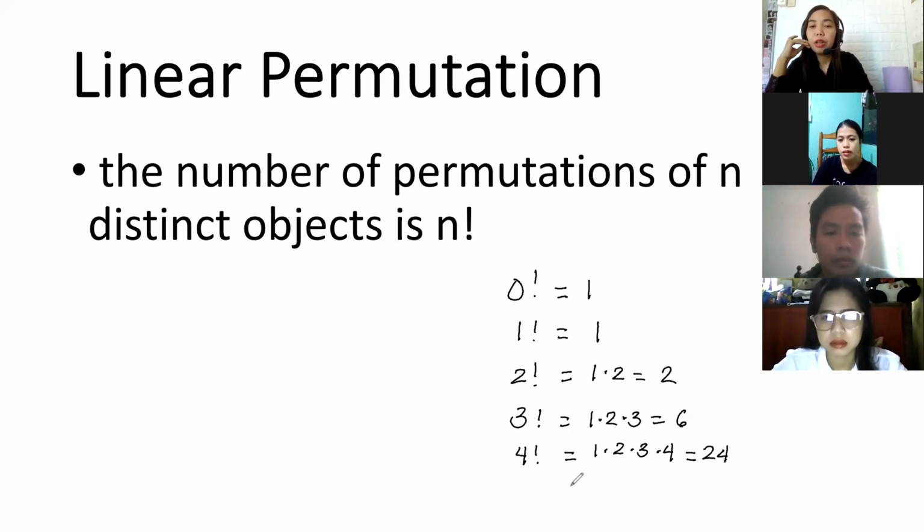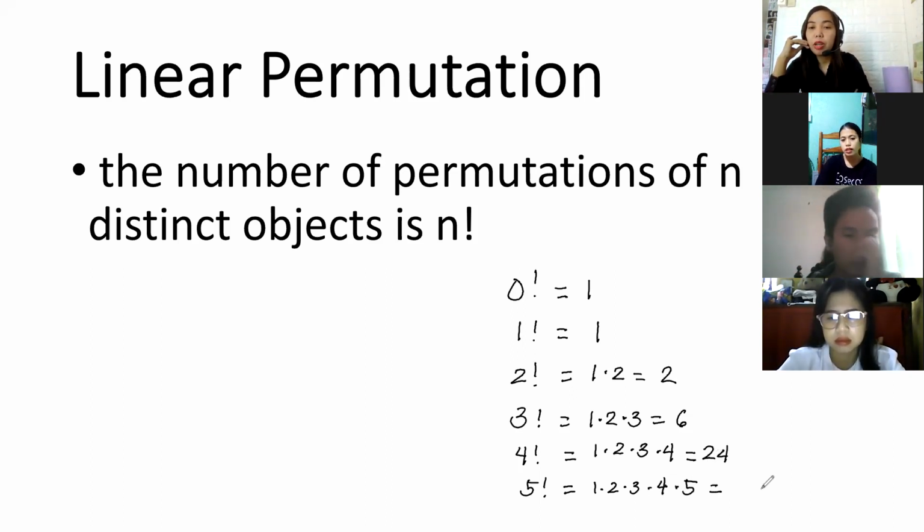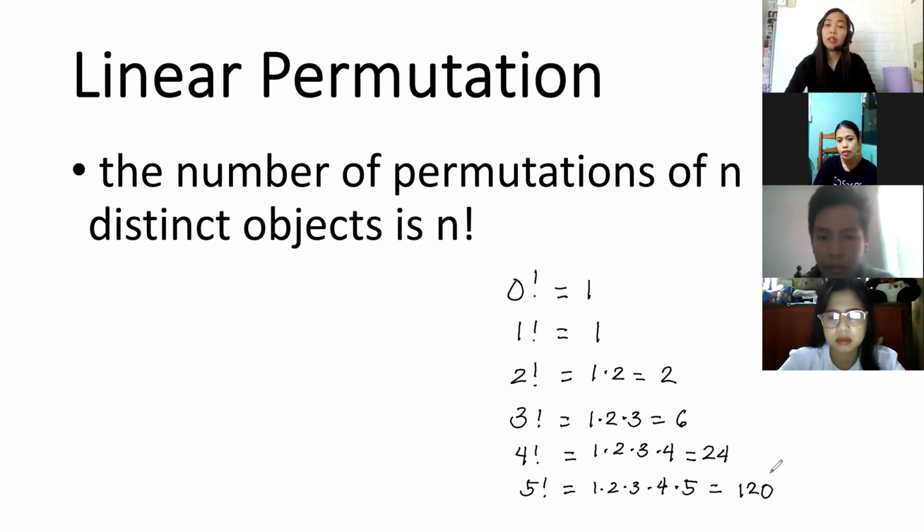And 5 factorial means 1 times 2 times 3 times 4 times 5, and then 24 times 5 is 120. So we can have 120 different ways to arrange the word logic.